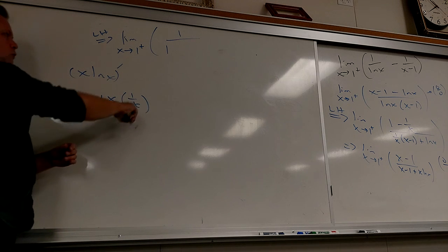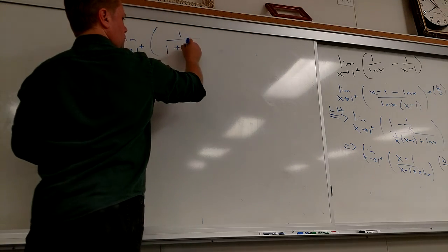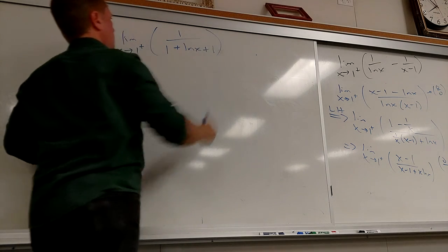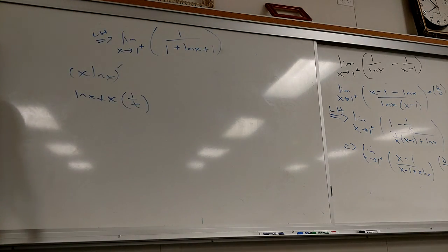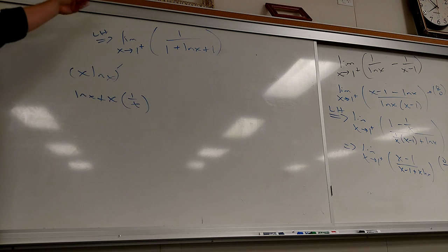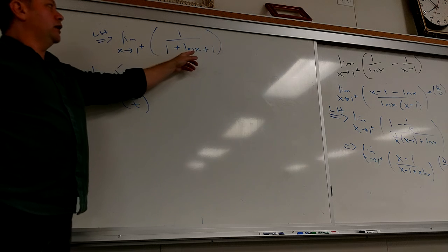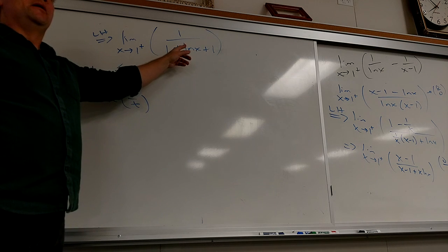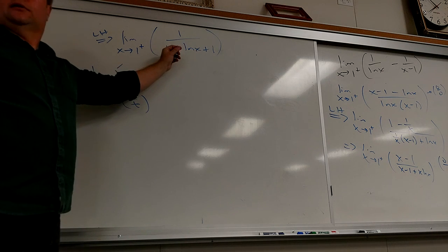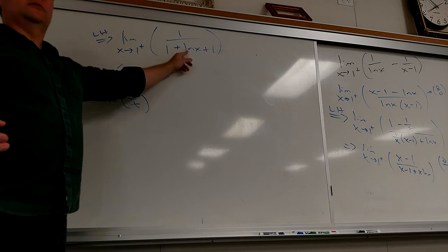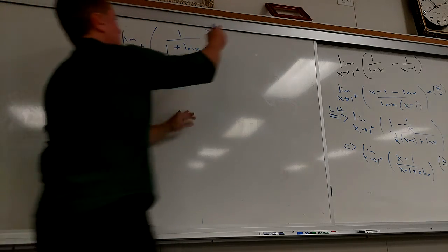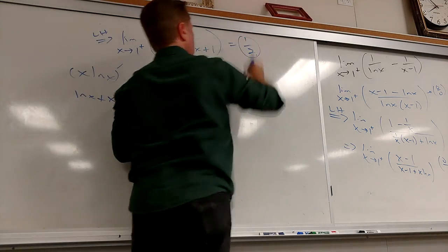So I get ln x plus 1. Is that still indeterminate? I know it can't be because the top's 1. But what do I get on the bottom when I plug a 1 in? Yeah, 2, right? So this becomes 1/2. That's neat.